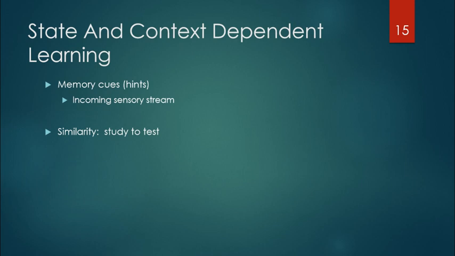So when it comes time to remember that information, our mind is going to be searching for those cues that were present during the study phase. If they're there, they're going to help us recall that information just a teeny tiny little bit. The basic idea here is make your study sessions as similar to your testing sessions as possible. Make your external environment as similar as possible. Make your internal mental state as similar as possible.